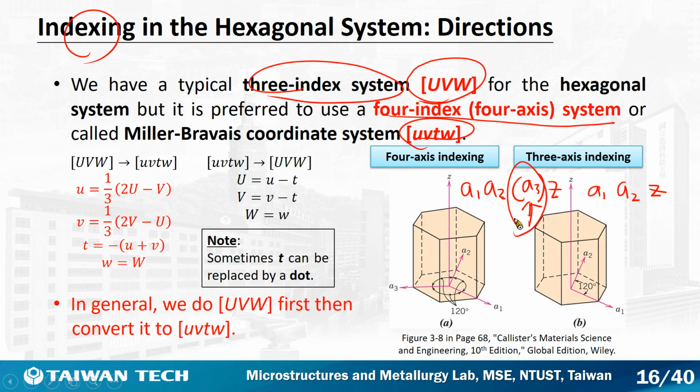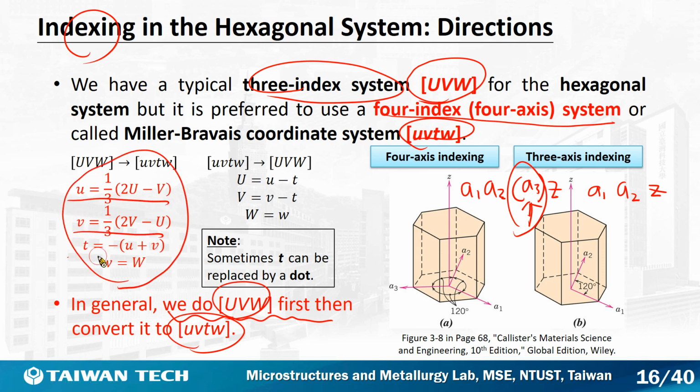Okay, so in general, we first do UVW, and then we can use equations to convert UVW, capital letters, to UVTW. We use these equations. So you need to remember them so that you know how to convert.